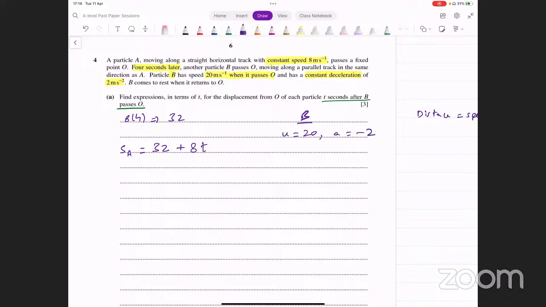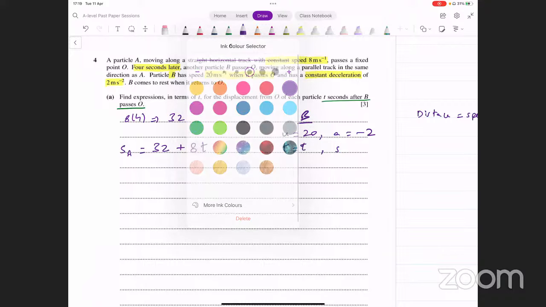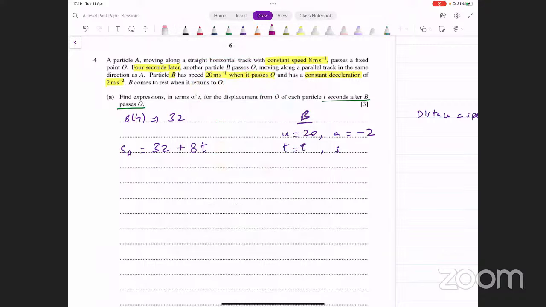This is constant deceleration. The time passed is t. You need to figure out the displacement. Which equation connects s, u, a and t? It's s equals ut plus half at squared, right? We can just use that here.